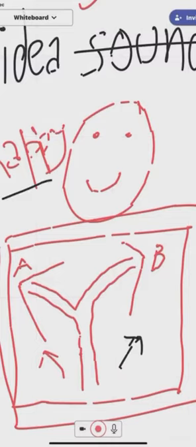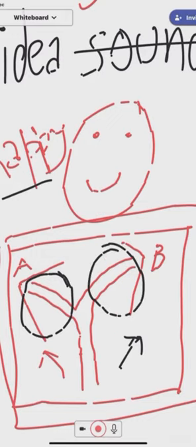A street symbol represents whether this path leads to A and this path leads to B. That is a symbol which represents an idea rather than the sounds of that idea.